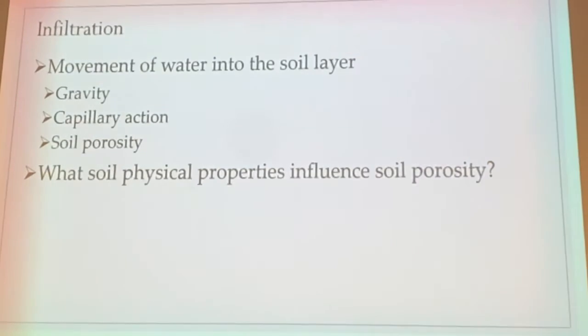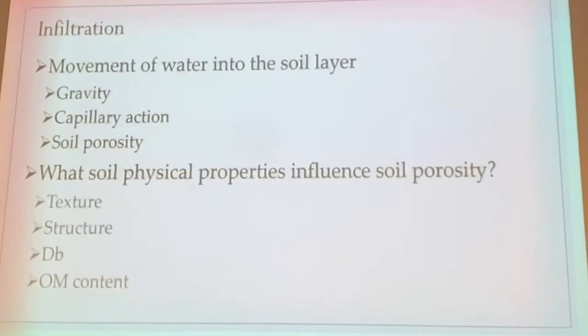Texture is going to be one of them. The bulk density, correct. The structure, and how much organic matter we might have there, because that organic matter acts like a sponge as well, and it is going to absorb some water.